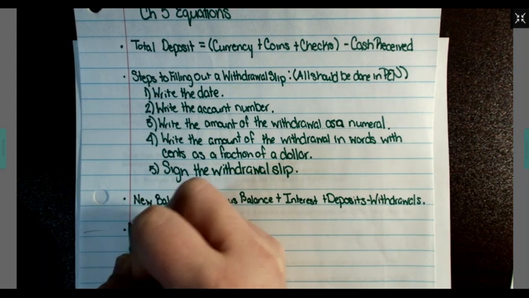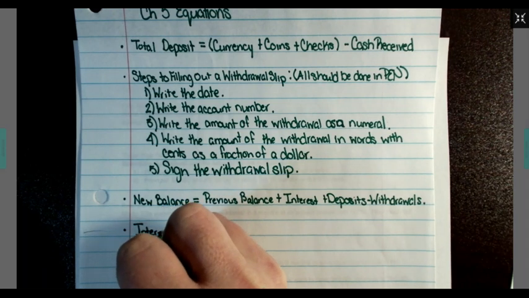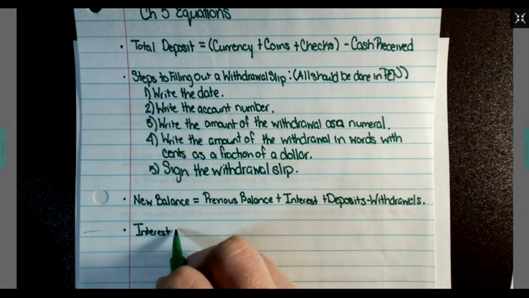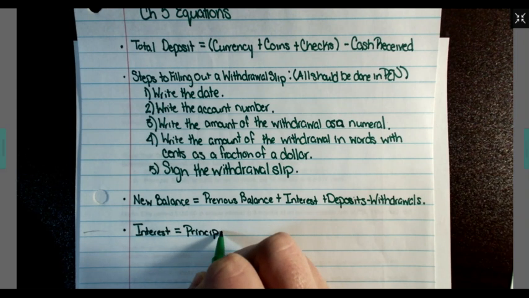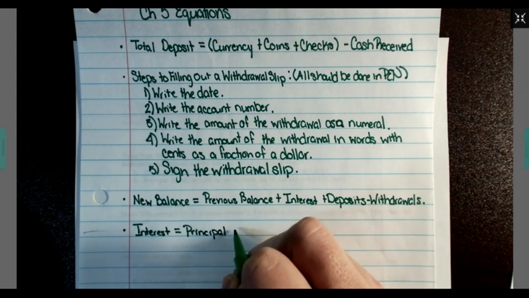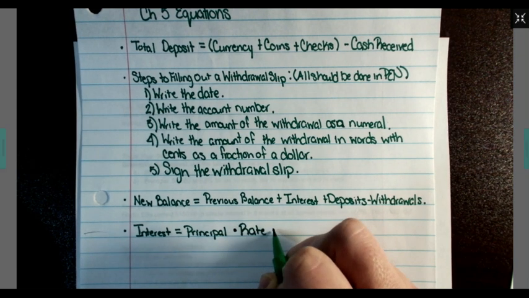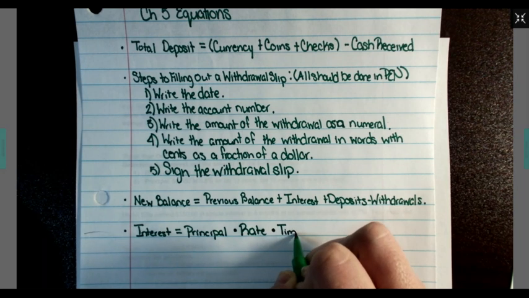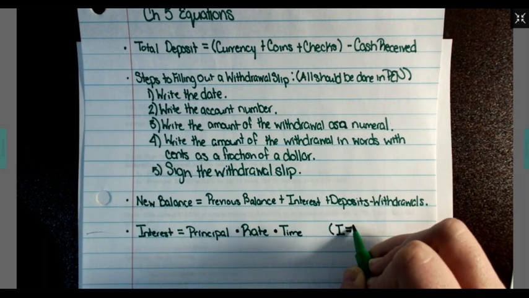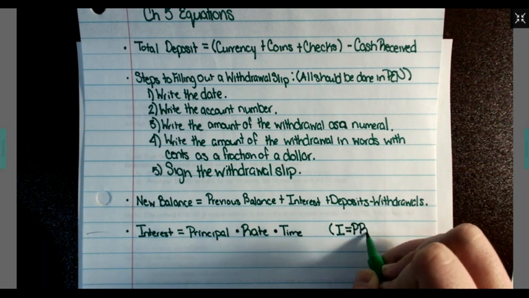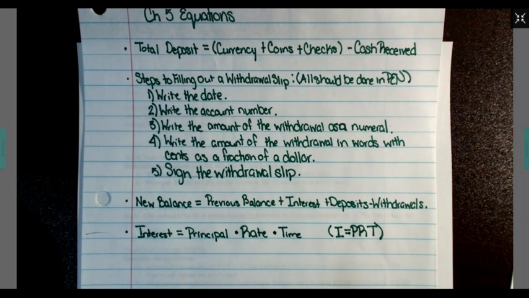The two equations are interest equals principal times rate times time. Another way you would see this is I equals PRT. Principal times rate times time all together.